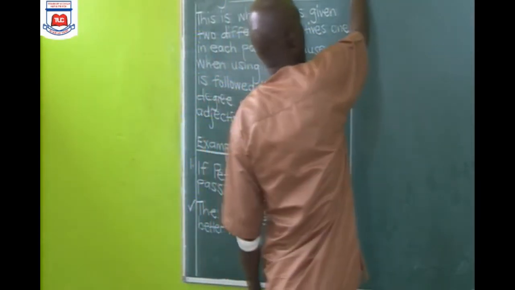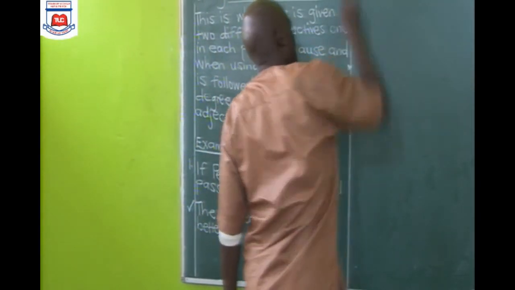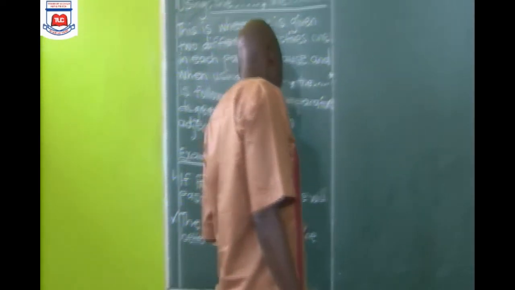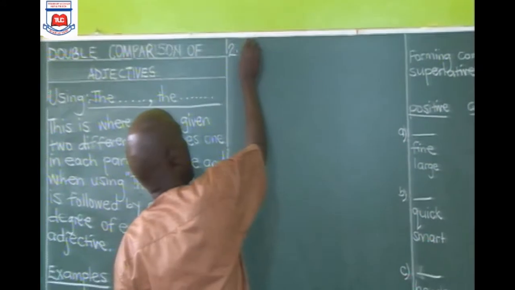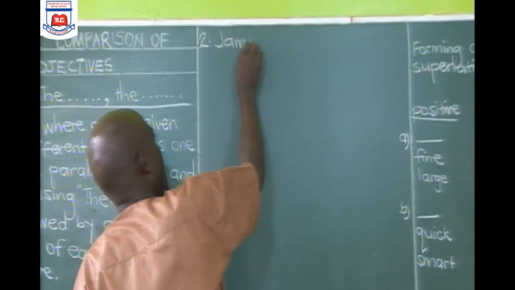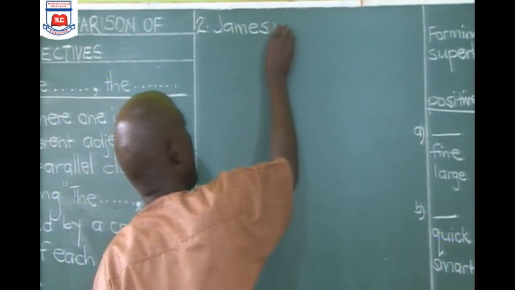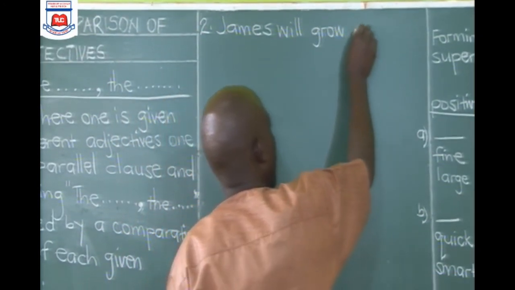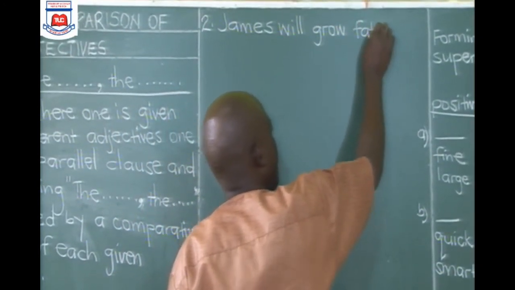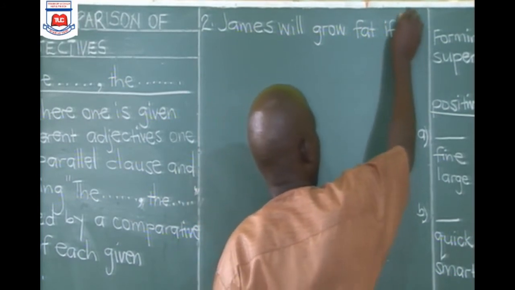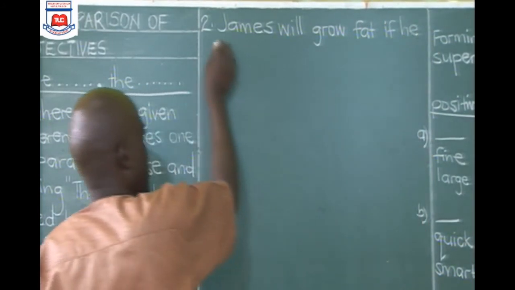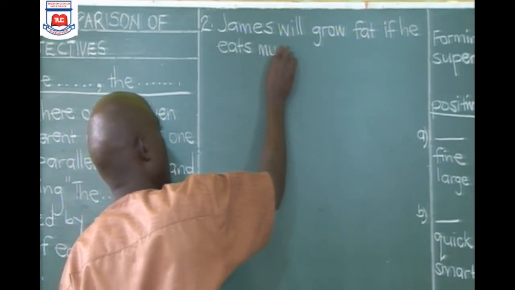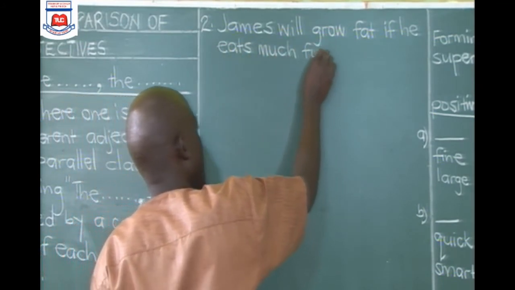Let's have example 2. James will grow fat if he eats much food.